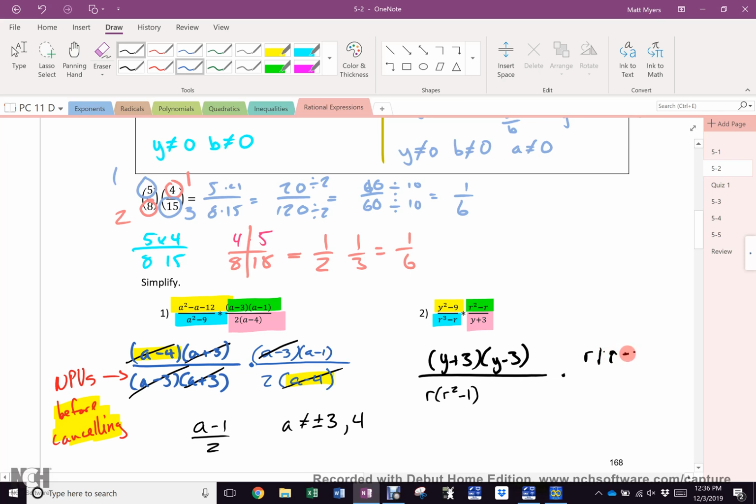R minus 1 over y plus 3. And any other factoring?